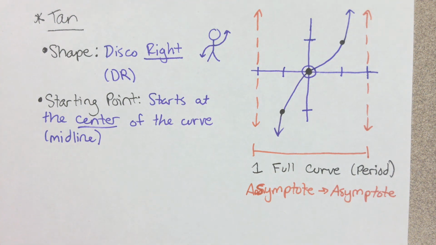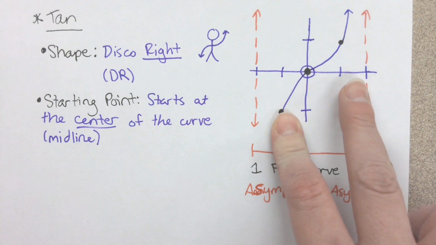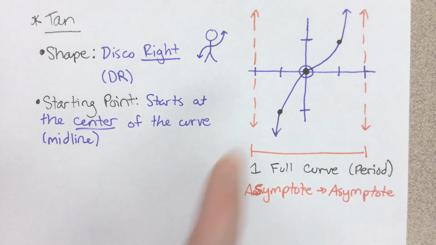So for one full curve, again, we'll have two asymptotes. We'll have a point at the quote-unquote min, point at the max, and then a point at the midline. That's it. That's one full curve.